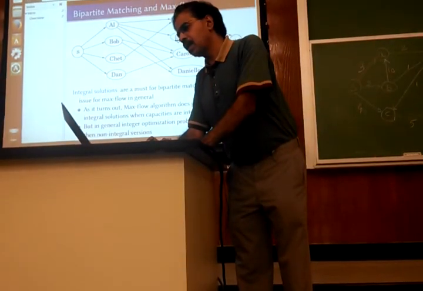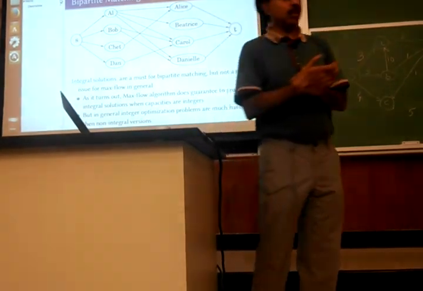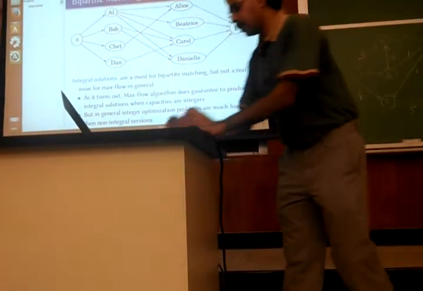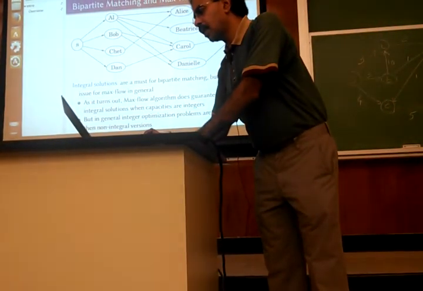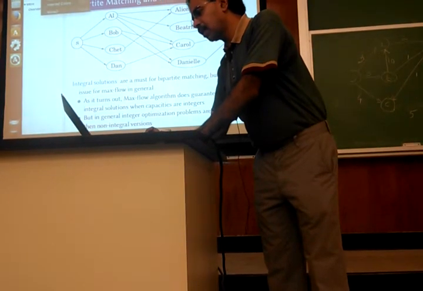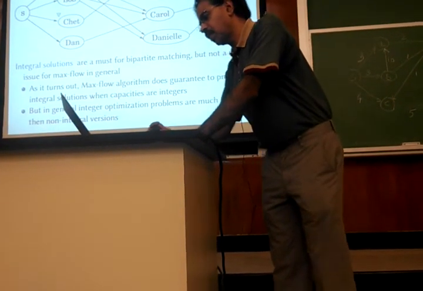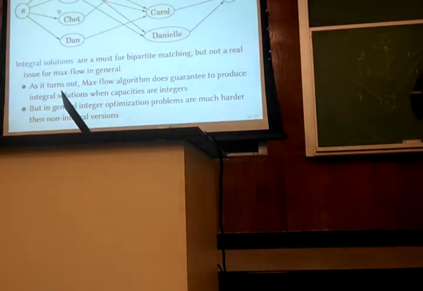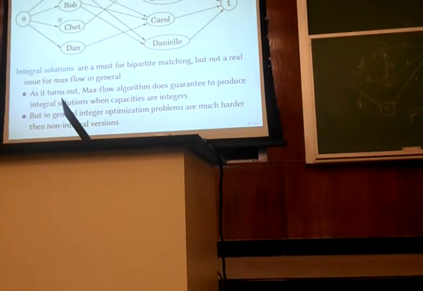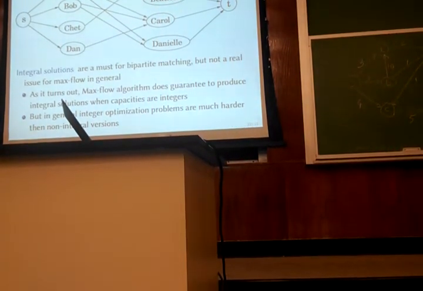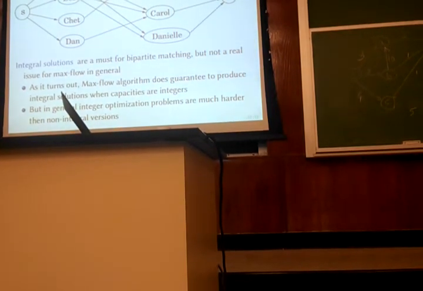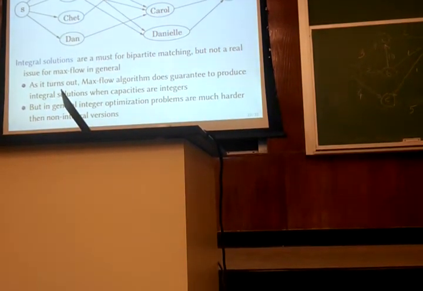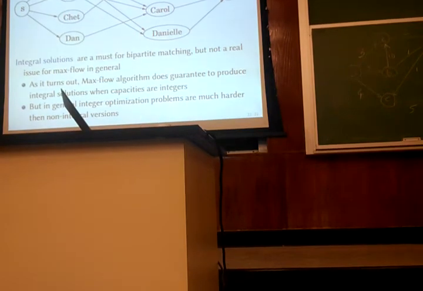Before we stop, let me ask you about a couple of other problems. Suppose you have a problem where you have multiple sources and multiple sinks. So how would you solve that problem?